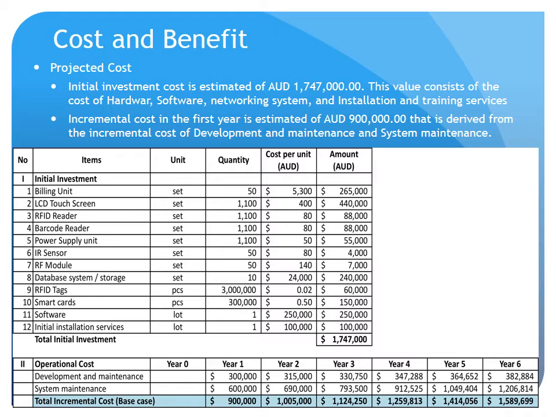Another cost is the incremental cost of development and system maintenance. For the first year, as you can see, it is estimated at $900,000. According to the table, the incremental cost increases every year by around 10 to 15%.